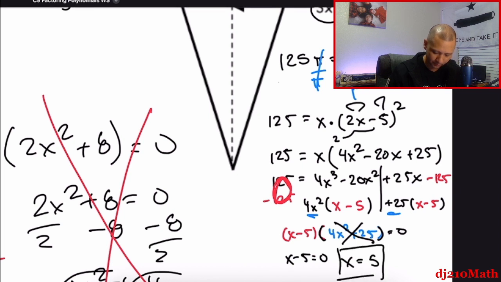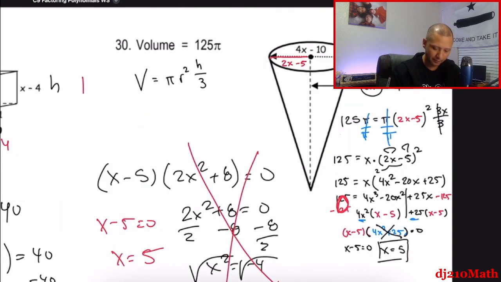Scared to check my work because what if it doesn't work out? It should work out. So if we plug in 5, right, this is going to be 15. And this is going to be 10 minus 5, which is 5. So then we do pi, radius squared.